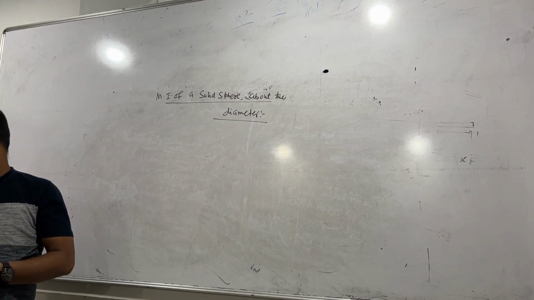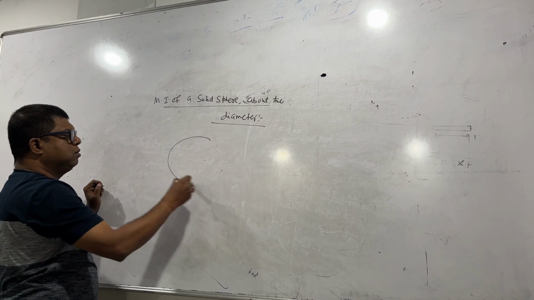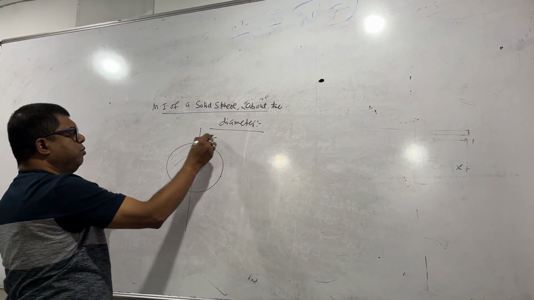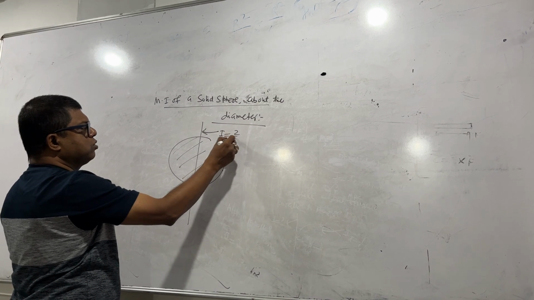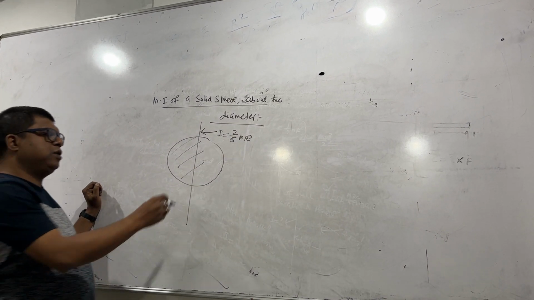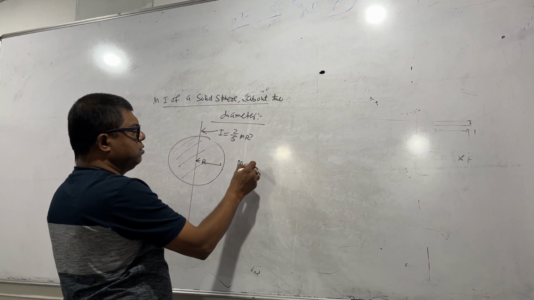For a solid sphere, the moment of inertia I is equal to 2 by 5 MR square. R is the radius of the sphere, and M is the mass of the sphere.